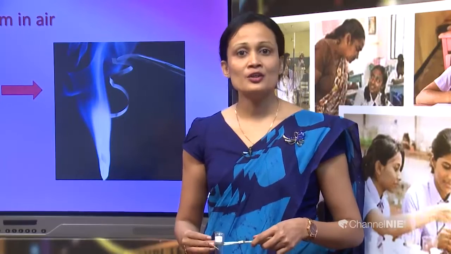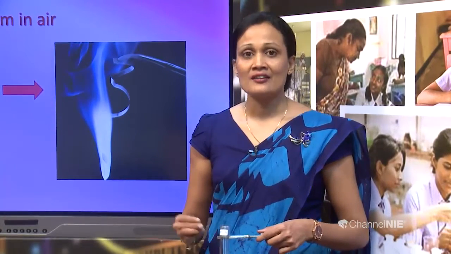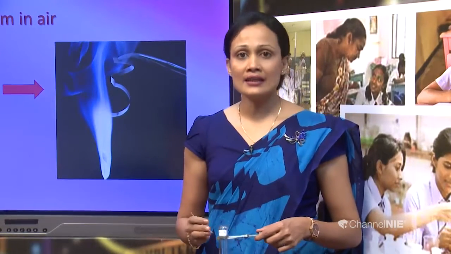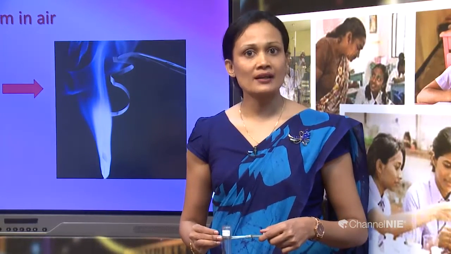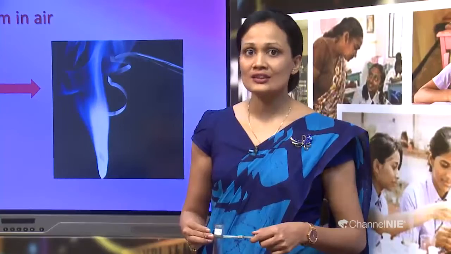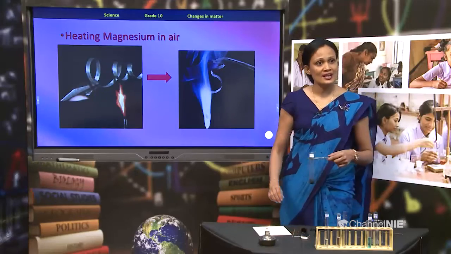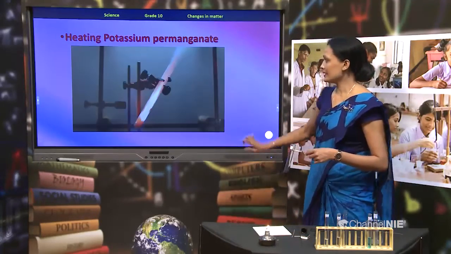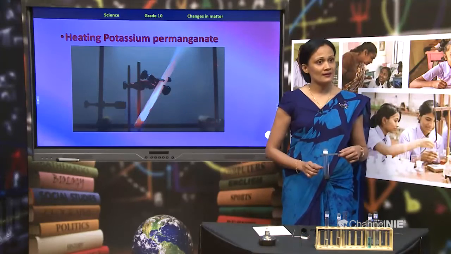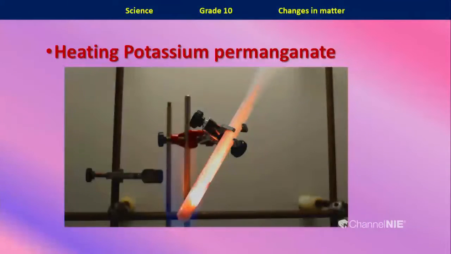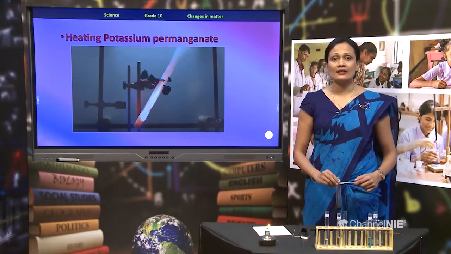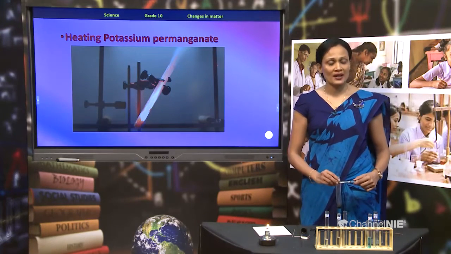Okay children, you observed that the glowing splinter reignites with the product of heating potassium permanganate, that is oxygen gas. In the same way, when heating potassium permanganate, not only oxygen gas but also some other products are produced. Then let's see another activity relevant to changes in matter.